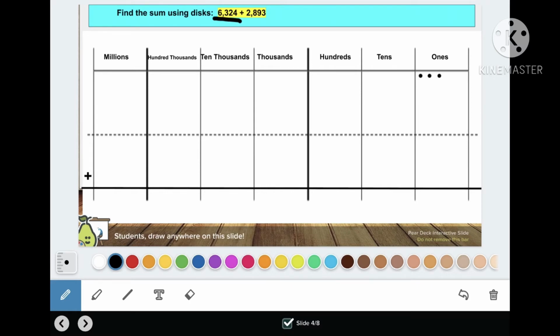1, 2, 3, 4. What number's in the tens place? Right again, 2. So I'm going to draw 2 discs. 1, 2. And what about my hundreds place? What number's in the hundreds place? How many hundreds do I have?